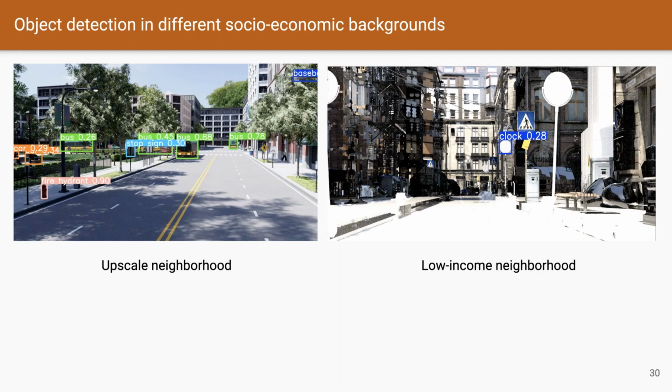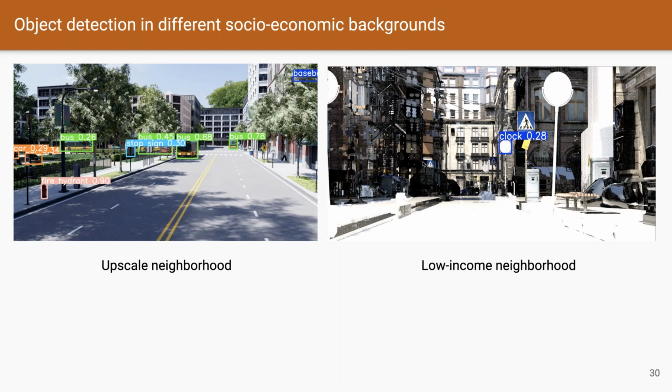This is a low-income neighborhood, and what you notice is that the scene is a lot more complex. It's because of different lighting conditions, and the shadows from these high-rise buildings are affecting the results, but it completely misses the pedestrian signs.